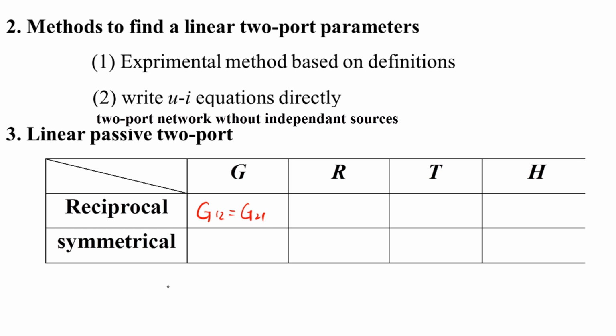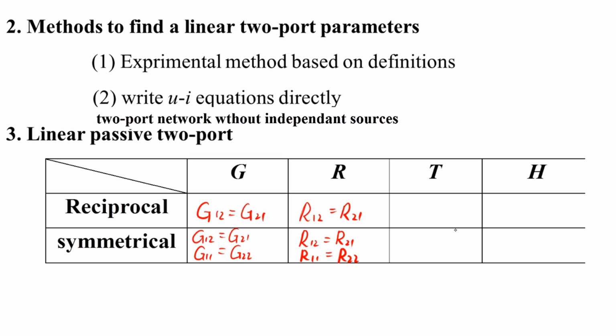For the symmetrical two-port, besides G12 equals G21, G11 equals G22. The conditions of the R parameters are similar to those of the G parameters. For the reciprocal two-port, it's R12 equals R21. For the symmetrical two-port, besides R12 equals R21, R11 equals R22.